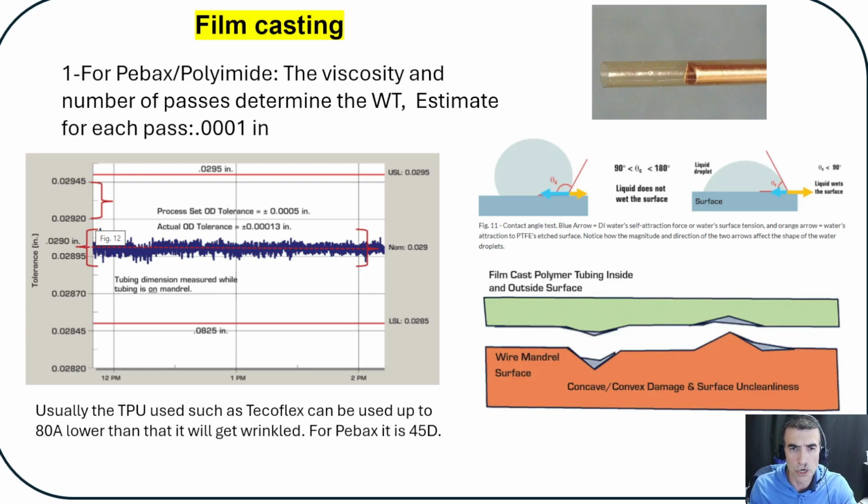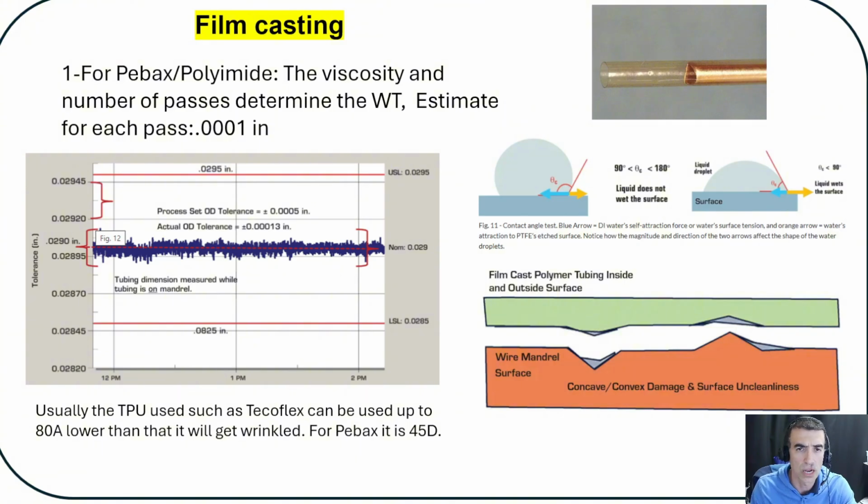If your process is good, like you're using a very good mandrel, your wire is very smooth, there are no rough surfaces, and you are evaporating all the solvent, so there is no residual solvent trapped that could be toxic or create poor structure for you, and your film is solid, then your final mechanical properties of your film cast only rely on your polymer, on your resin, and that's it. So if you are using the same resin as your competitor, then you should get the same mechanical properties.